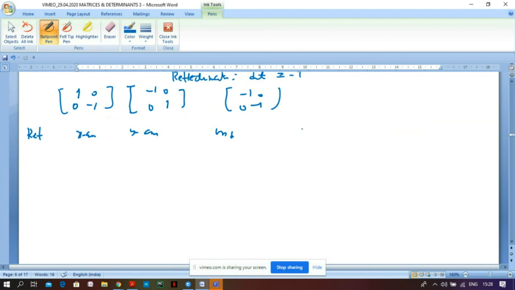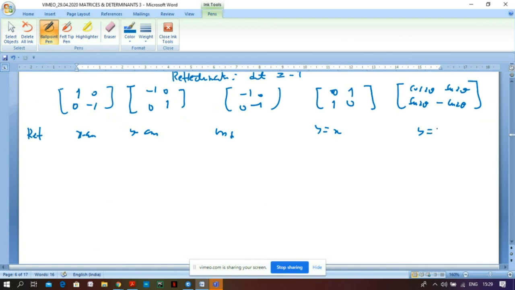And reflection in the line y equal to x, which was again given by 0, 1, 1, 0. And then reflection in the line y equal to x tan theta, where the matrix was cos 2 theta, sine 2 theta, sine 2 theta, negative of cos 2 theta.